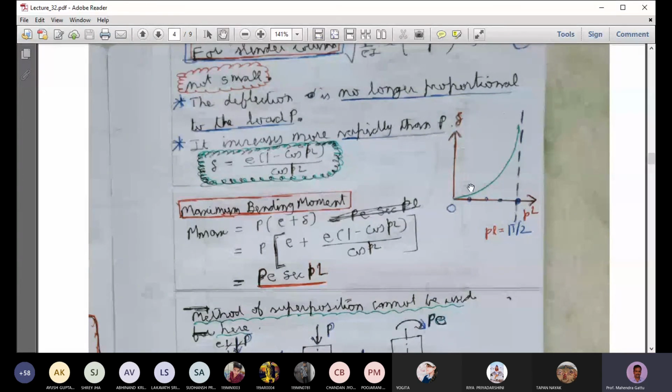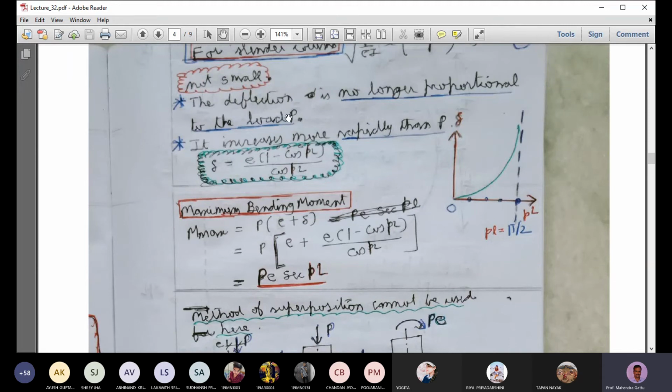Initially it will be varying like this, and as it reaches pi by 2, the delta will keep increasing by a very large amount, and it will be infinity at PL equal to pi by 2.